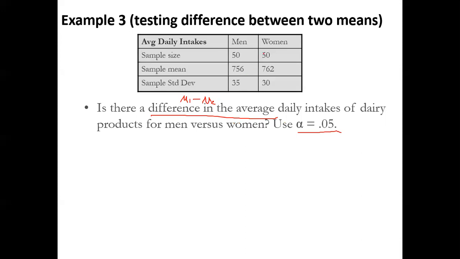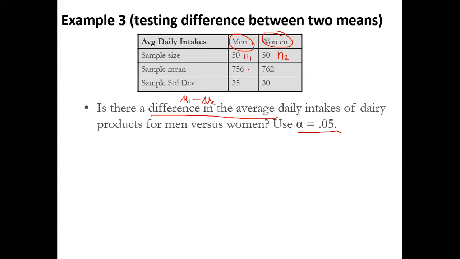They give you the values for men and women. The sample size for men is n1 and for women is n2. What is the symbol of the sample mean? That is X bar.